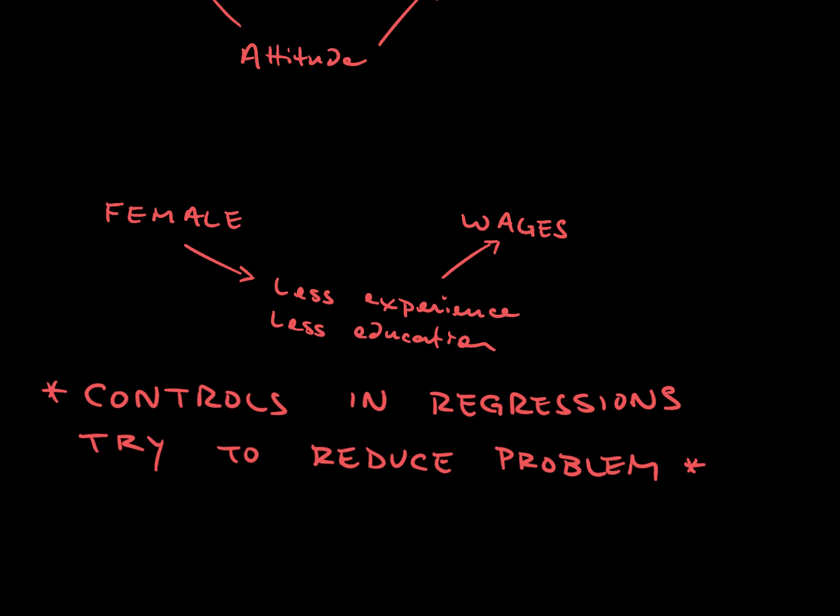So again, if I include as additional explanatory variables experience and education when trying to predict women's wages, they are not unobservables. Okay? This is going to be a reason, I'll talk about it next week, why we want to include control variables when trying to estimate effects.